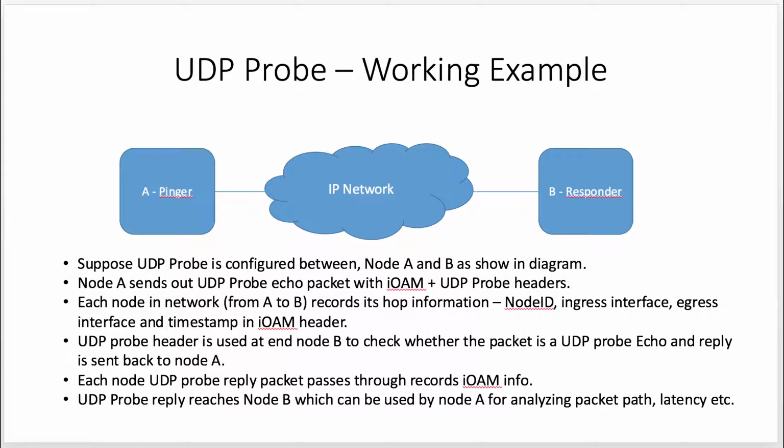Once A receives the probe response, we can analyze the packet to get the latency, measure the delay, jitter, and even the packet loss, and also trace the path between node A and B.